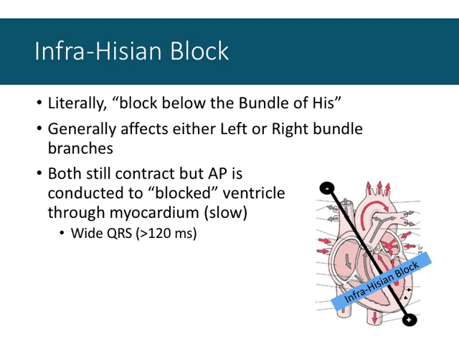The delay in contraction, or the delay in the signal, results in conduction of electrical activity through the muscles of the heart, much like we saw with the premature ventricular contractions. So if there's a block in the bundle branch, specifically on the left side, but this can also happen on the right side, then the signal to contract that side of the heart doesn't arrive through the conduction pathways.